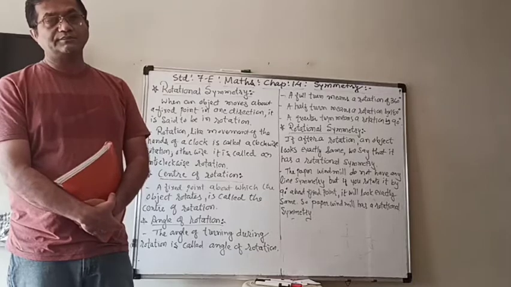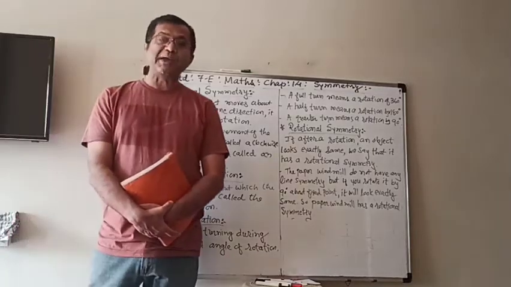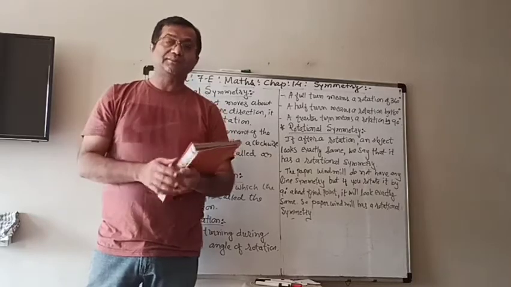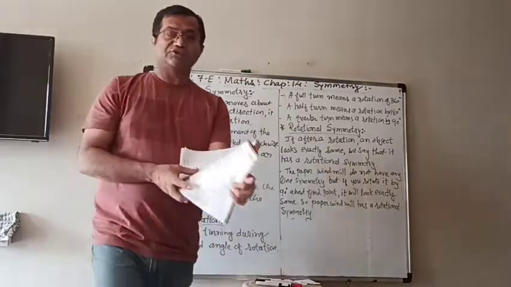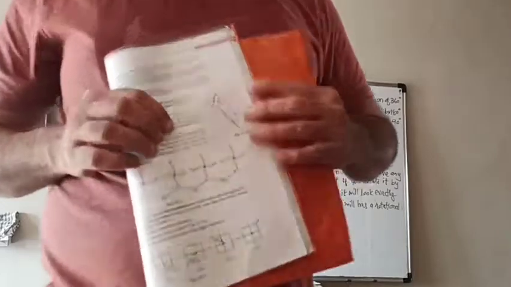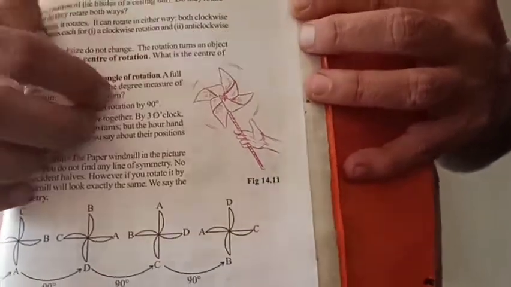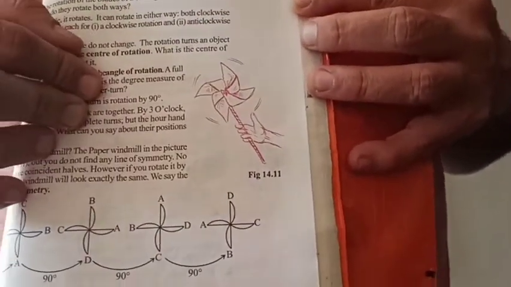For example, when you make a paper windmill by folding the paper, as shown here in the figure. Now, in this figure, can you draw a line of symmetry?